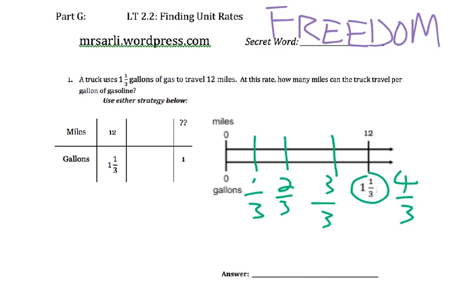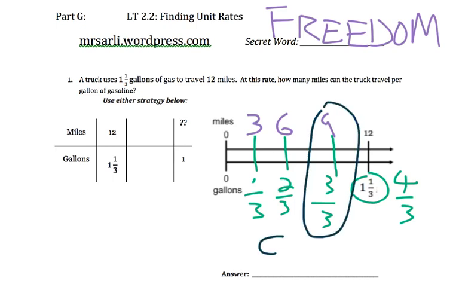Then, on top, I'm going to take the miles and break them up into 1, 2, 3, 4 equal parts. 3, 6, 9, 12. From there, I want to know how many miles the truck is going in 1 gallon. Well, 1 gallon is right there, so the answer is 9 miles per gallon.